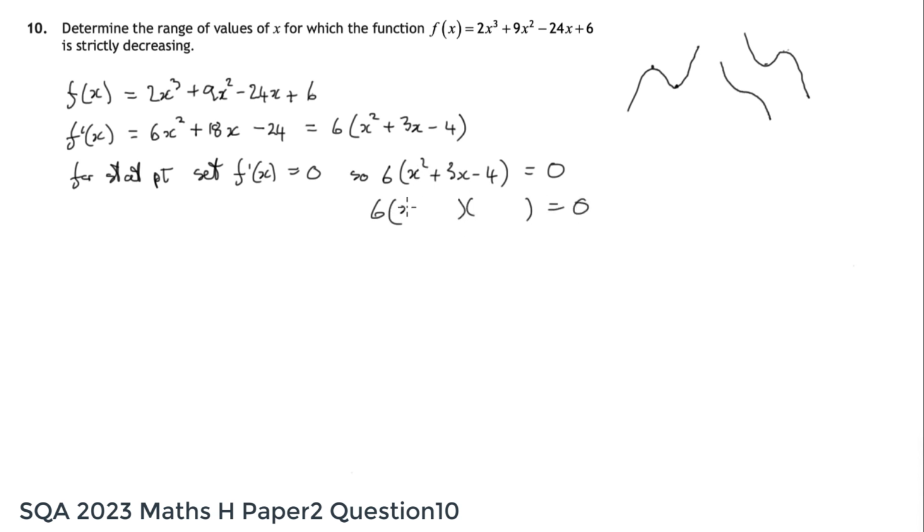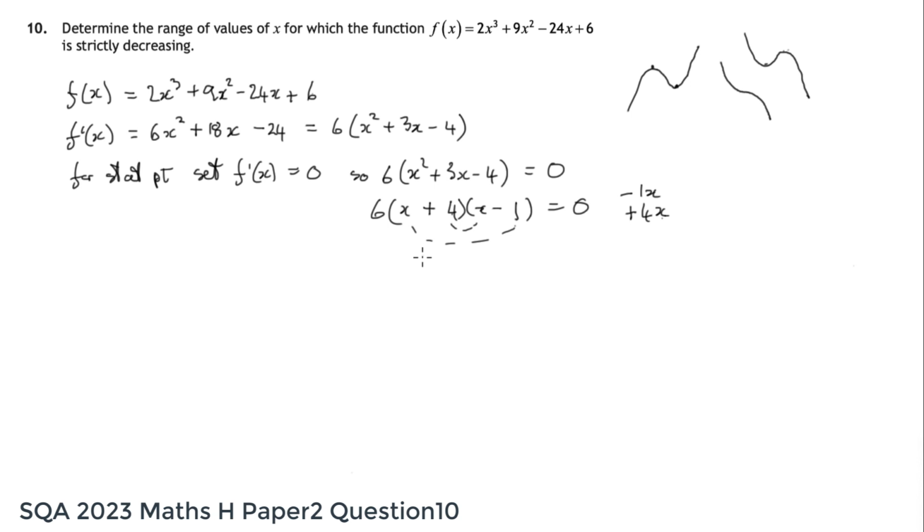No choice for the firsts. Now the lasts, 4 times 1 is going to be a suitable one. The outsides give us 1x, the insides give us 4x, and to get a positive 3x, we'd add the 4x, take away the 1x. So positive 4x minus 1x.